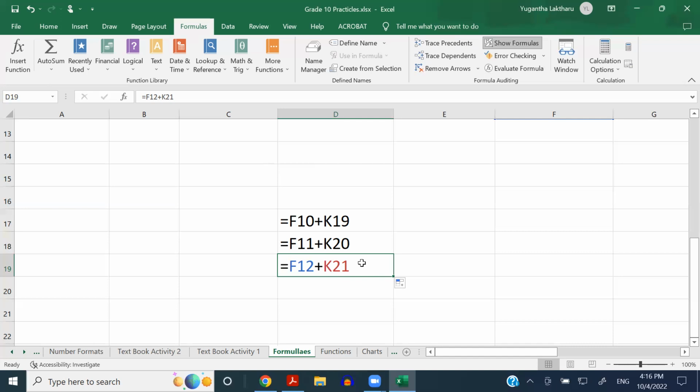So likewise, it's going to change. Right, people, are we clear about what happens when we are copying downwards in a column?